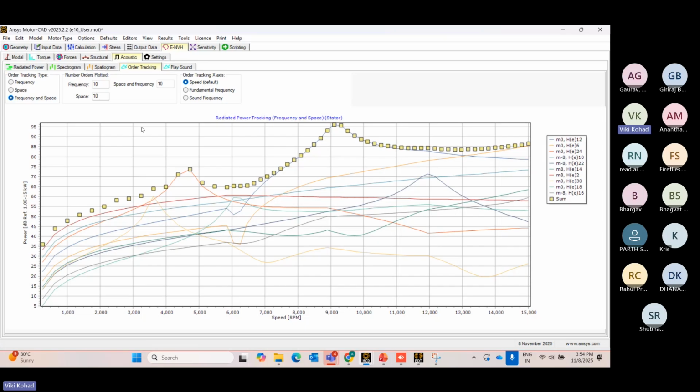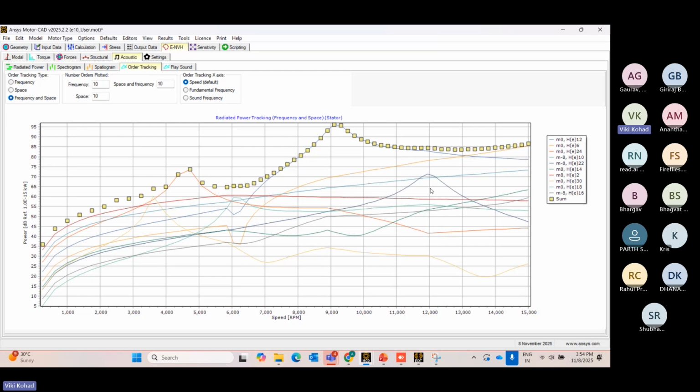It means at this point the sound is also there. Here you can see the power is around 96.1786. So this much sound power is there, which means the noise is more in this region and the frequency is also more in this region.